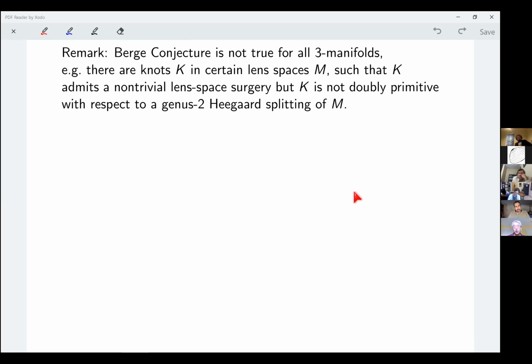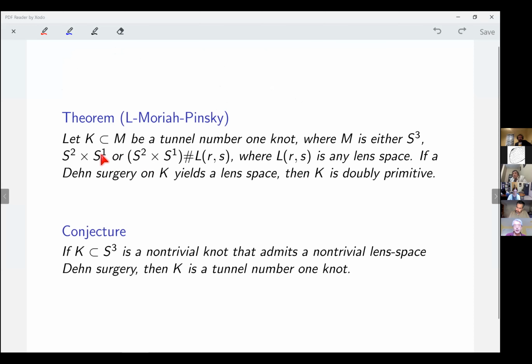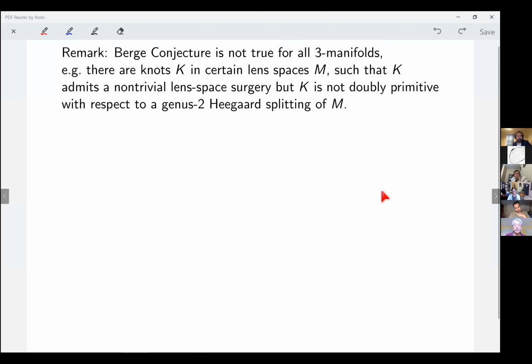The answer is no, because there are examples of knots in some lens spaces that don't even have tunnel number 1. So the manifold M cannot be any lens space, but we proved that at least for S3, S2 cross S1 and this family of manifolds, you have this property.